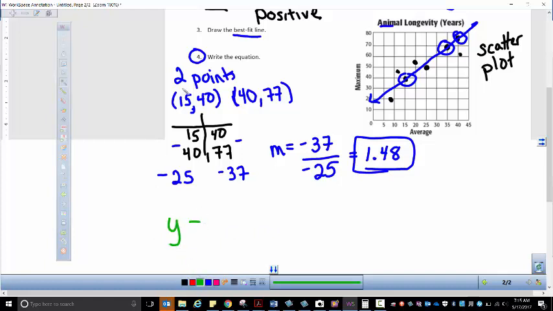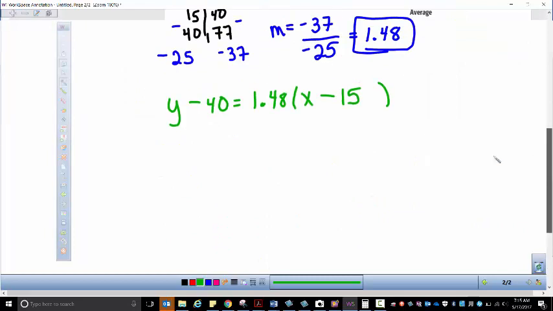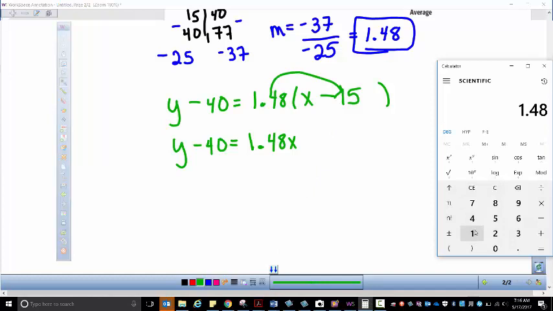Now, I'm going to write my equation. Y minus, well, up here I have x and y, so I'm going to use 40, equals 1.48 times x minus 15. And then we go, y minus 40 equals 1.48x. And now I got to use a calculator here. Let's see, 1.48 times 15 is 22.2.